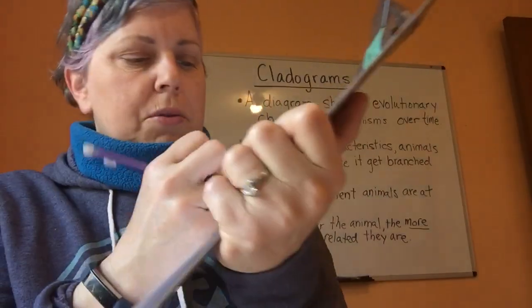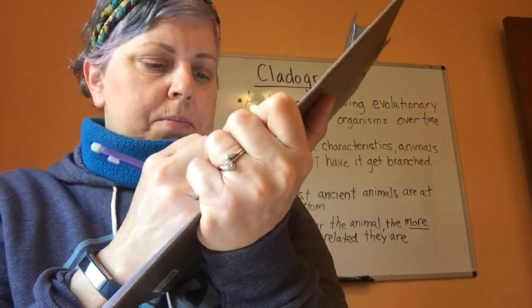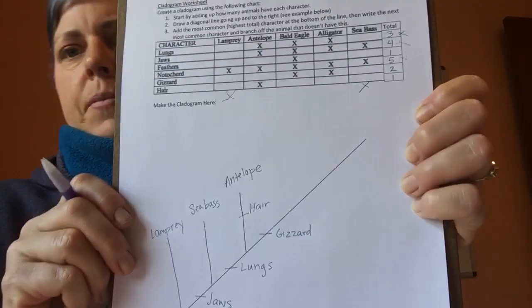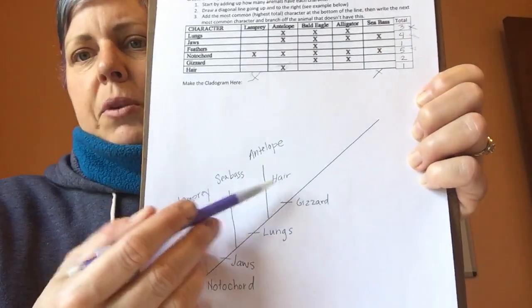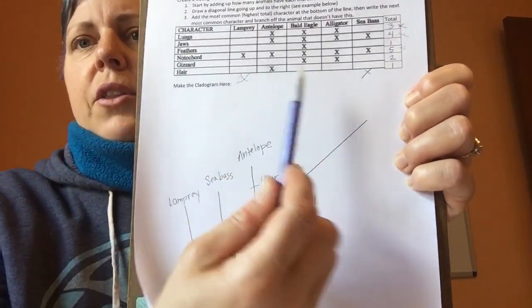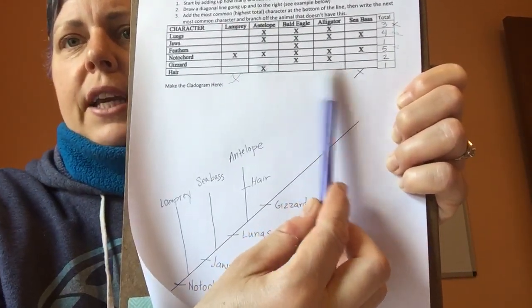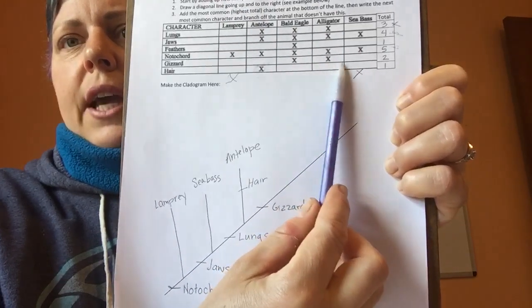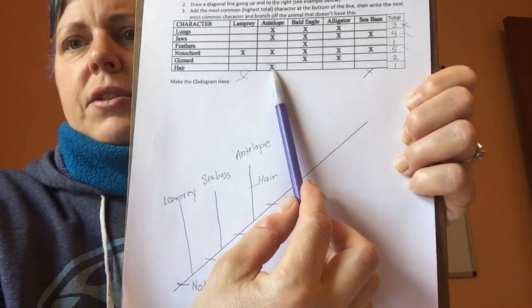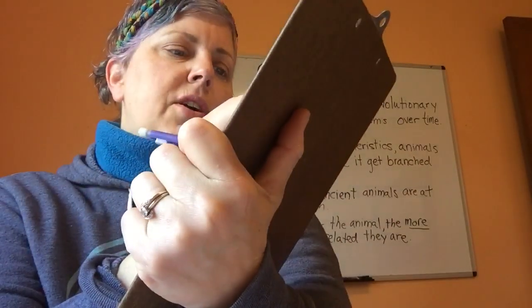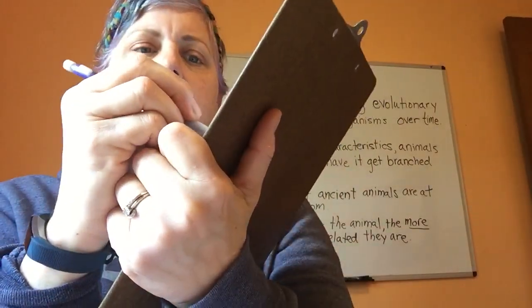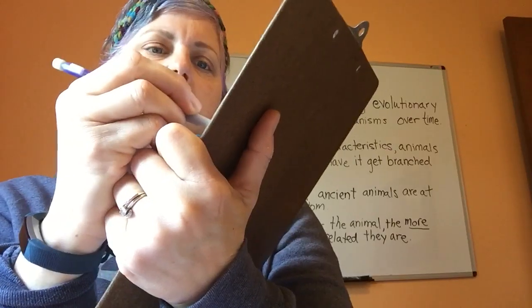Okay, and we can do this and say that he's the only one with hair, okay? Because the 2 animals we have left are alligator and bald eagle, and neither one of them has hair. So we can just get rid of that. So our antelope is gone, our hair is gone, and our gizzard is gone.